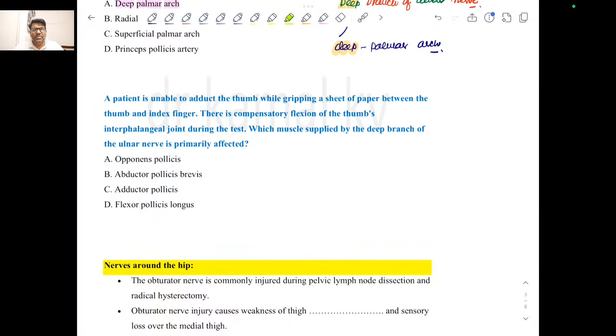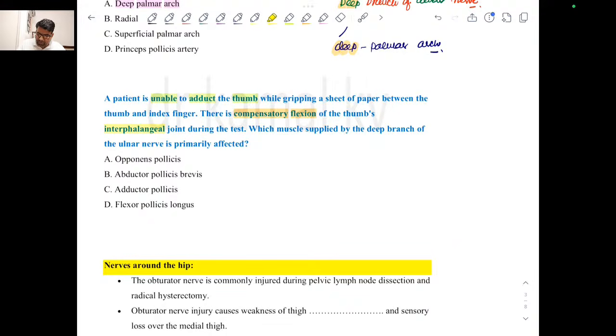A patient is unable to adduct the thumb while gripping a sheet of paper between the thumb and the index finger. There is compensatory flexion of the thumb's interphalangeal joint during the test.